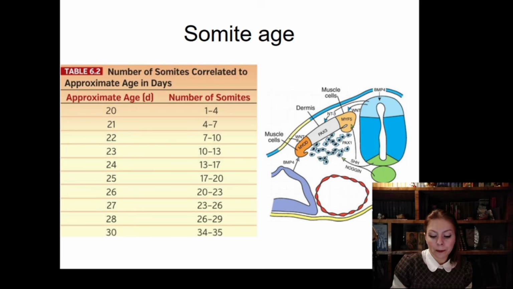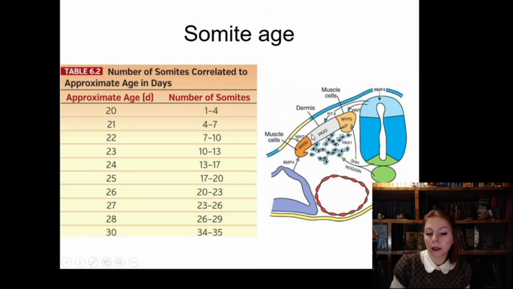As for somites, according to the number of somites, we can establish the age of the embryo. And here you can see the table, with the respective stage and the number of somites. This is rather helpful in the early stages of the embryo. Then also here a diagram is put showing the inductive effects of different factors and how they specify the same somite to form three parts: the sclerotome, the dermatome, and the myotome.